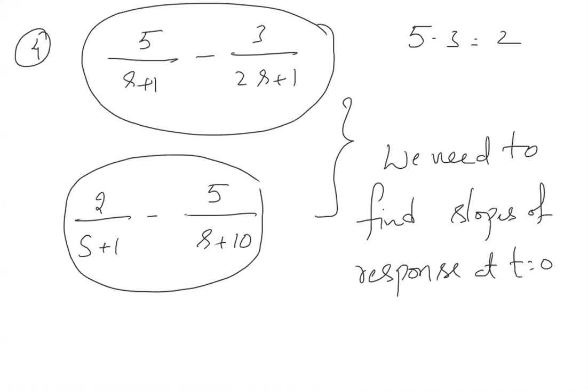So 2 by s plus 1 minus 5 by s plus 10, which is equal to y by x.